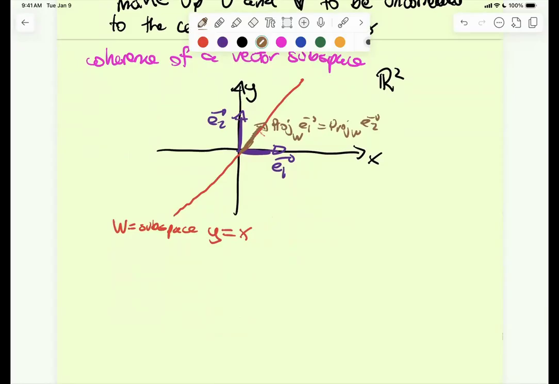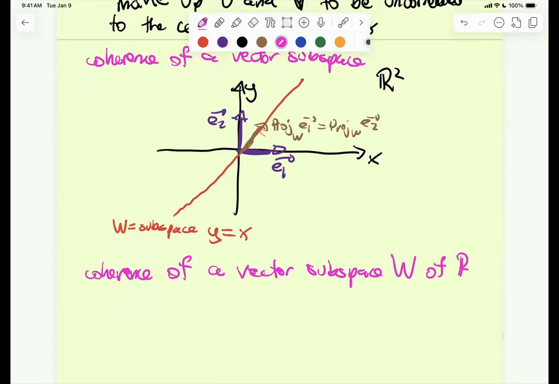So here's the coherence, and I'll finish with this definition, and that will be the last thing I write. You have the coherence of a vector subspace, which I'll call W of Rn. I'll say that the dimension of W is R because I'm thinking of it as the rank. In this problem of matrix completion, W would be the column space or the row space of the matrices in the SVD decomposition.